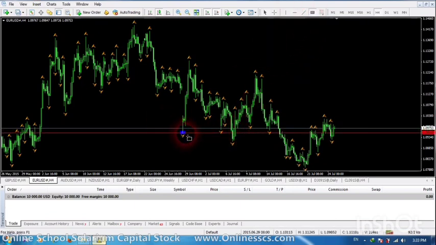So I have pivots here. I'm not going to locate the ones that are too far back. So I have located the pivots, and you can know what's going to happen in your price.